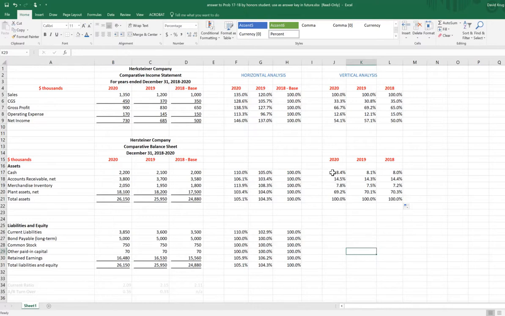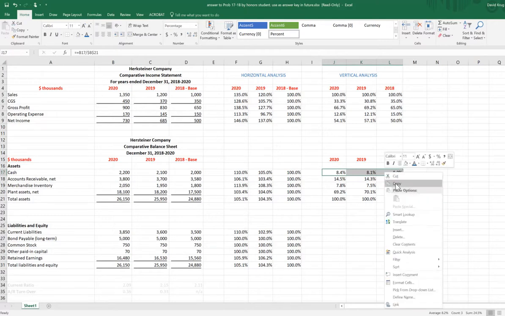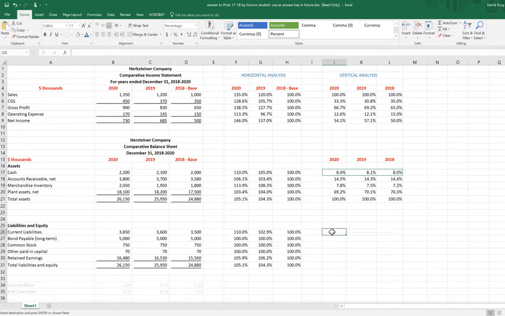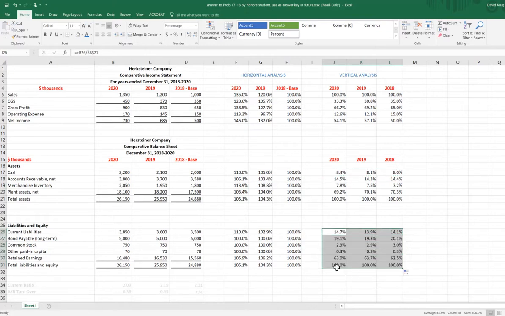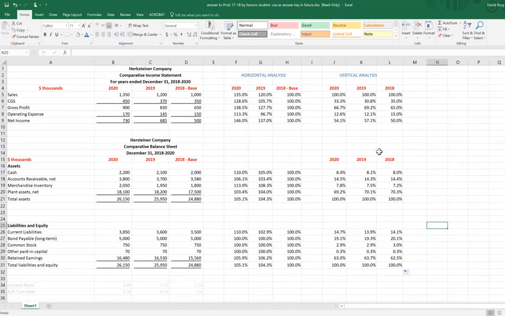Now what I can actually do is copy this down to here, pull that down, and this bottom row should be 100% too, because it's dividing, for example, this one's dividing 26,150 divided by total assets. Well, of course, total liabilities and equity have to equal total assets. So there I just did vertical analysis.